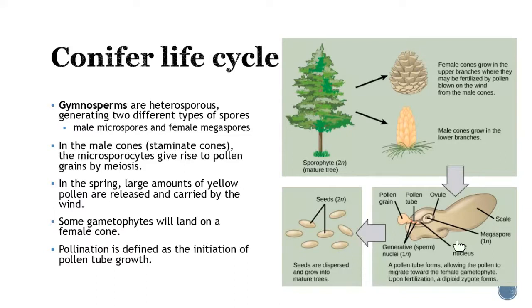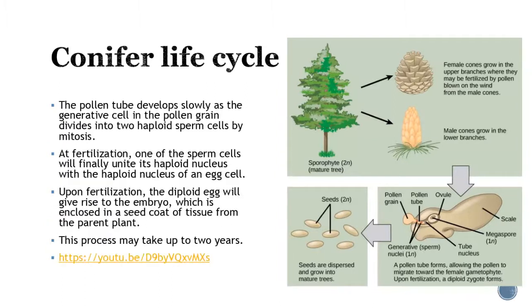Now pollination is when we have the pollen grain land on the female ovulate right there. And the first thing it's going to do is initiate pollen tube growth. So this pollen tube is slowly going to grow as a generative cell. The pollen grain divides into two haploid nuclei right here by mitosis.